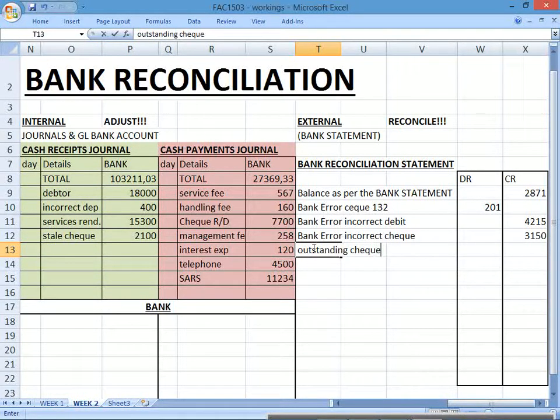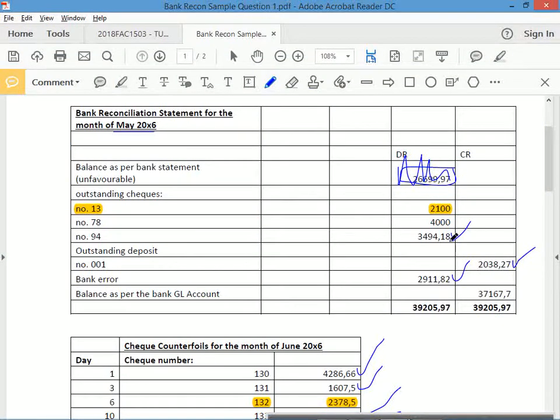Outstanding check, 78. What is it for? 4,000. Okay, let's carry on. That one you would have highlighted. Okay, tick, tick, no tick here. Do I need this balance? Oh, highlighted everything. Okay, sorry.